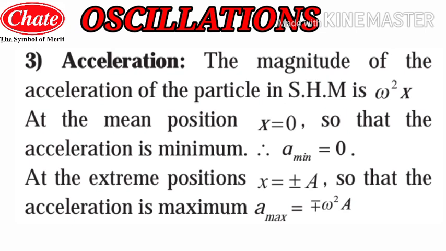Again we have seen the value of acceleration at the mean position and at the extreme position, utilizing their derived expressions. The expressions which we derived for the displacement, the velocity and the acceleration we have used to determine the values at their respective mean position and at the extreme position.